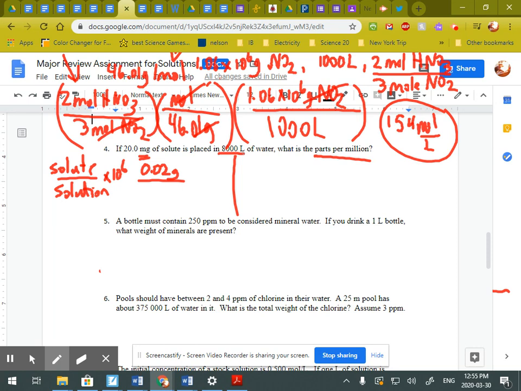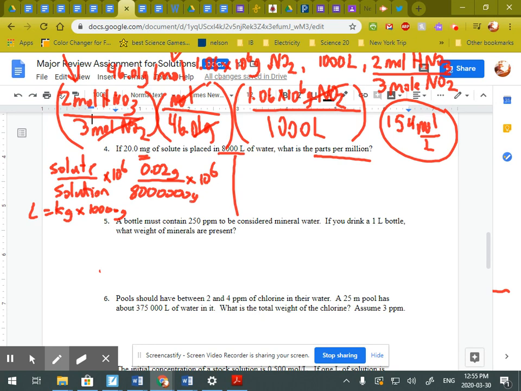So 8,000 liters is the same thing as 8,000 kilograms, but I have to times that by 1,000 to get grams. So 8,000 times 1,000 gives me a really big number: 8 million, or 8 times 10 to the 6th.